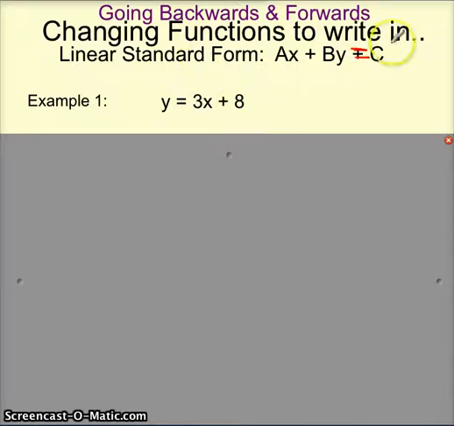So that means I want to get the constant c by itself. So in order to do that, I can subtract 3x on both sides. So to write it in the form ax plus by equals c, I'm going to just change up the order here.